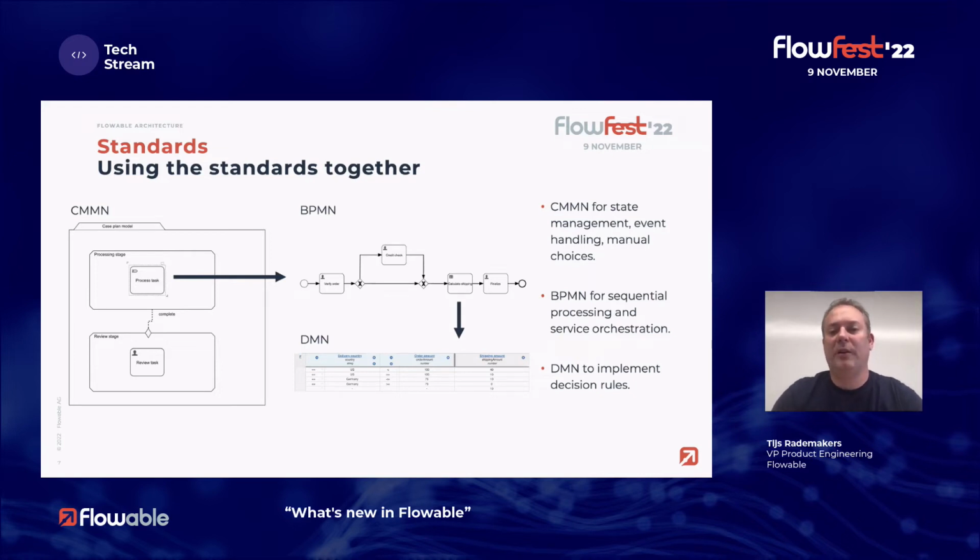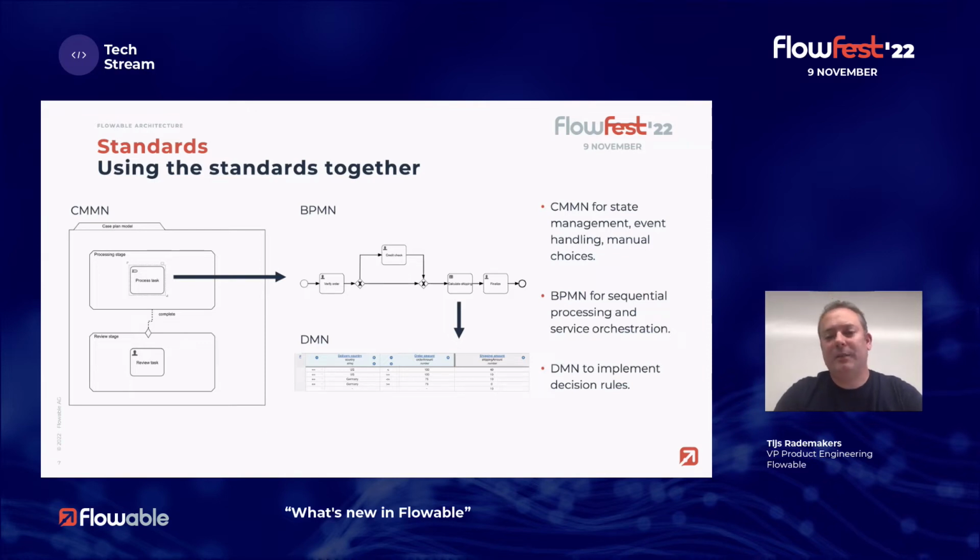CMMN is more for when you have a number of options. Let's say there are 10 options that you can choose from, and the person using the case, and it can be a knowledge worker, will decide which process needs to be started at which point. And so there's more knowledge involved, there's more interaction involved, and that's where cases are really great.